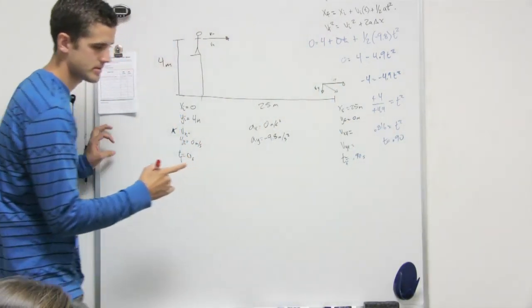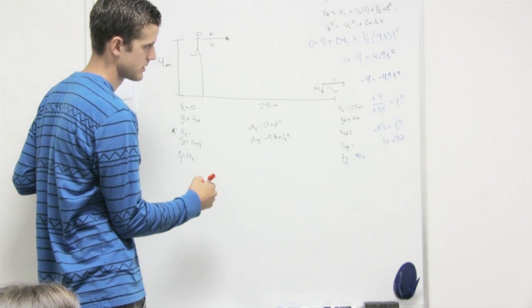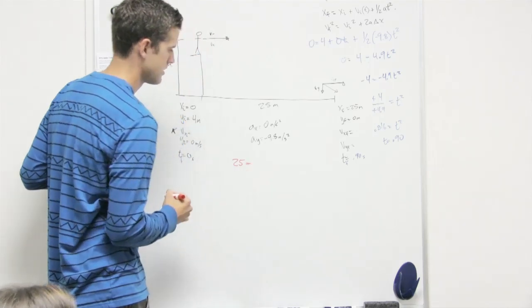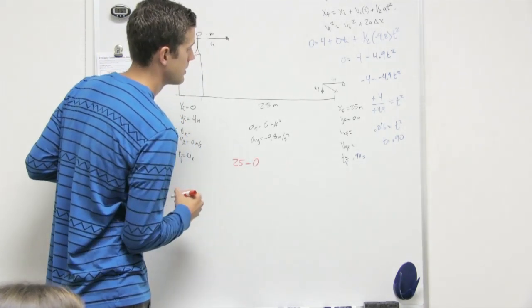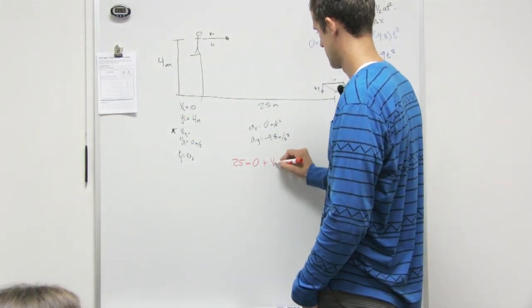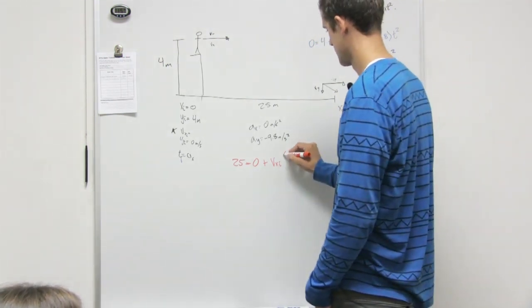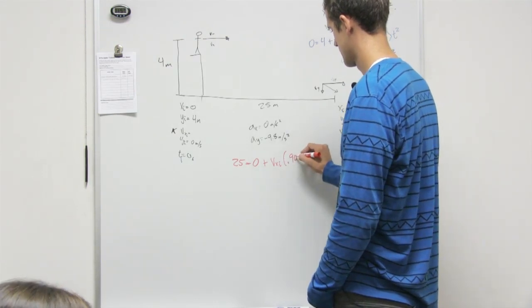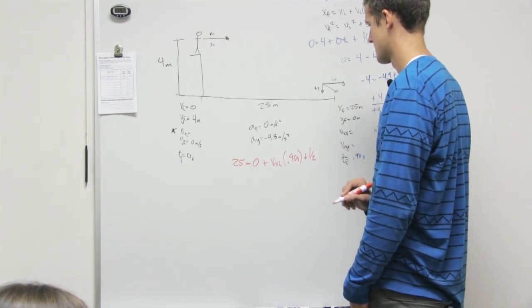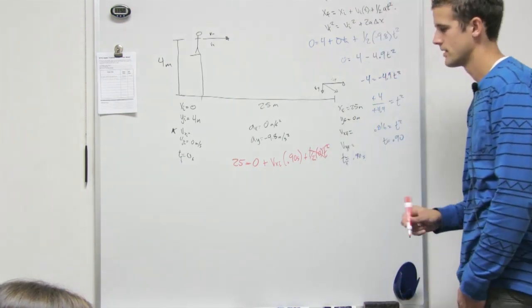So, which one are we using? The middle one. Okay. So x final is 25. 25 equals x initial 0 plus velocity initial of x. We don't know. Times time, which is 0.9 plus 1/2 a0, so that whole thing becomes 0. Great. That's the best part.